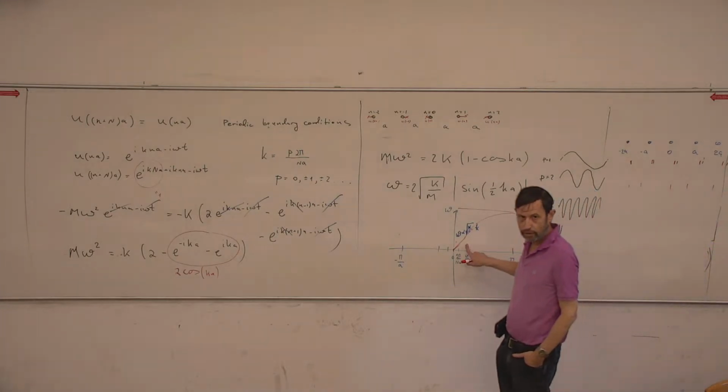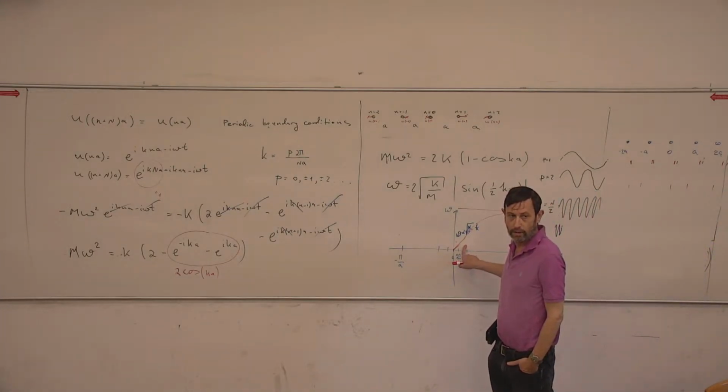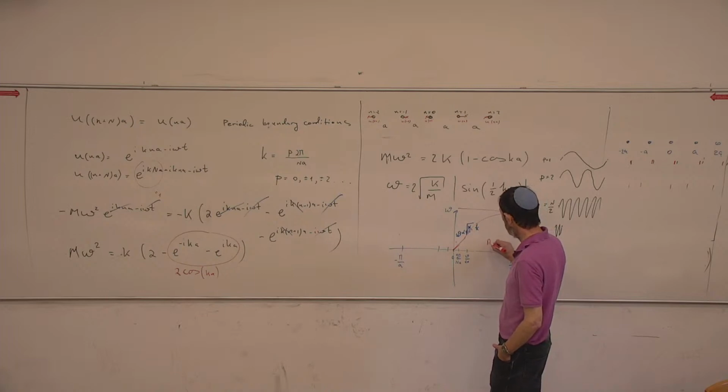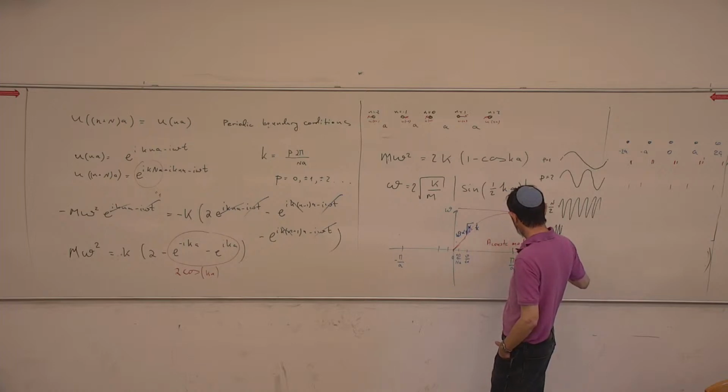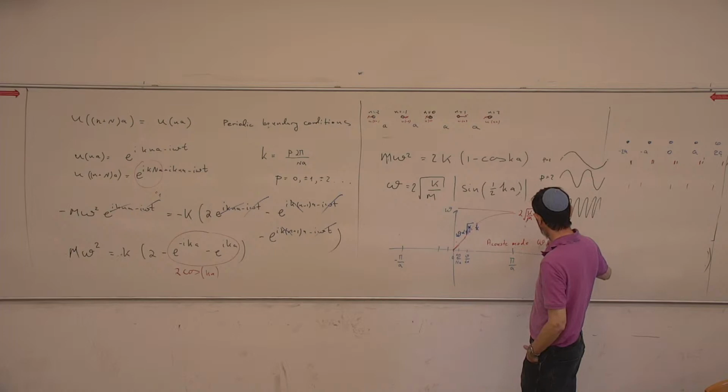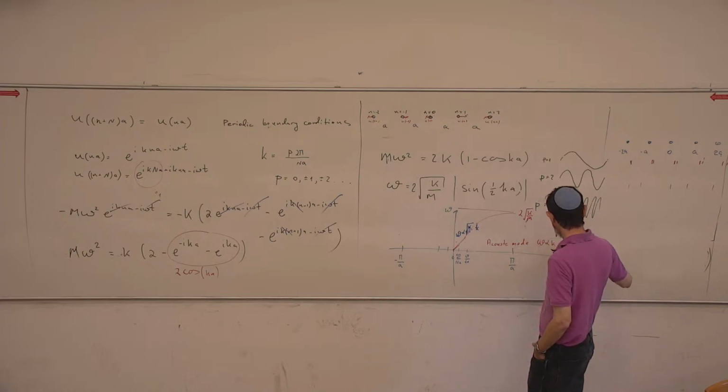Such a behavior of omega proportional to k is known as an acoustic mode. Means that omega is proportional to k for small k.